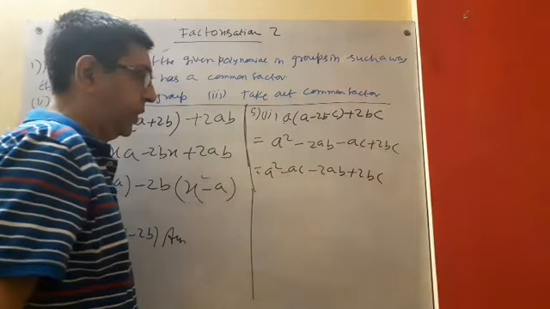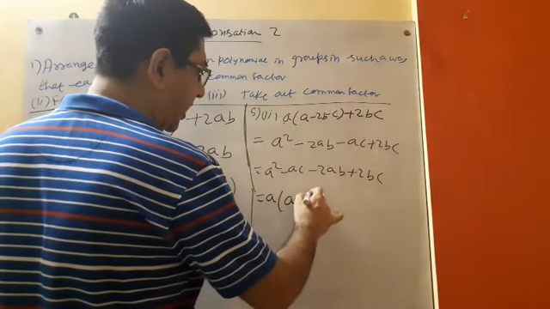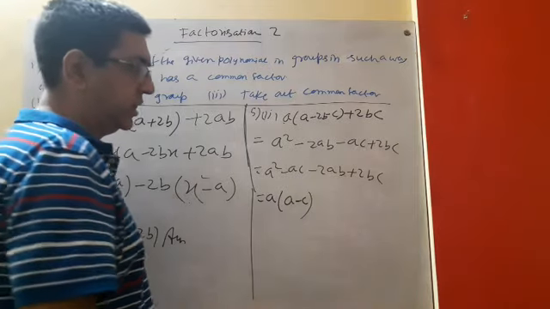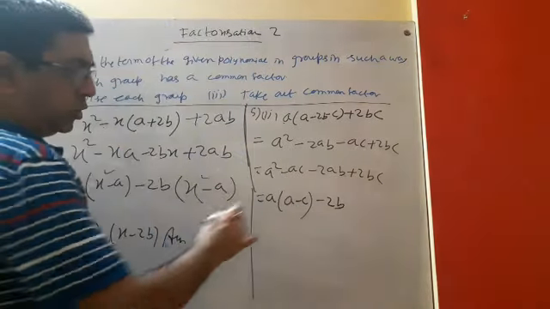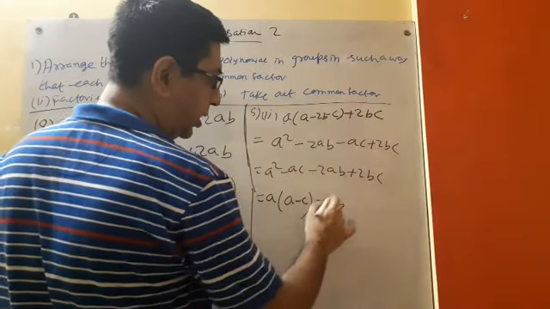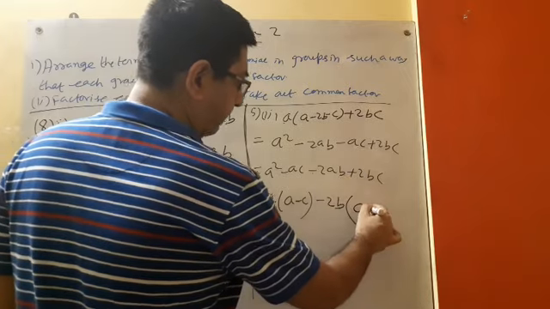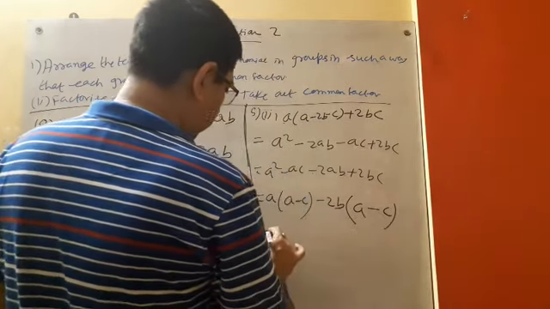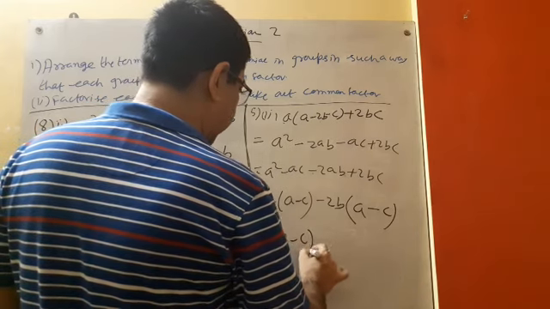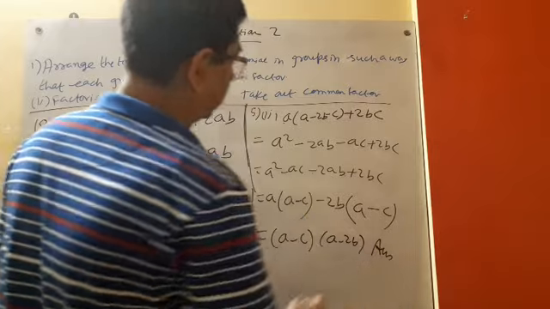From the first two we take a common, left with a minus c, and from the other two we take minus 2b as common. The plus will become minus because we have taken minus as common, so a minus c. So we are getting a minus c into a minus 2b. This is the answer.